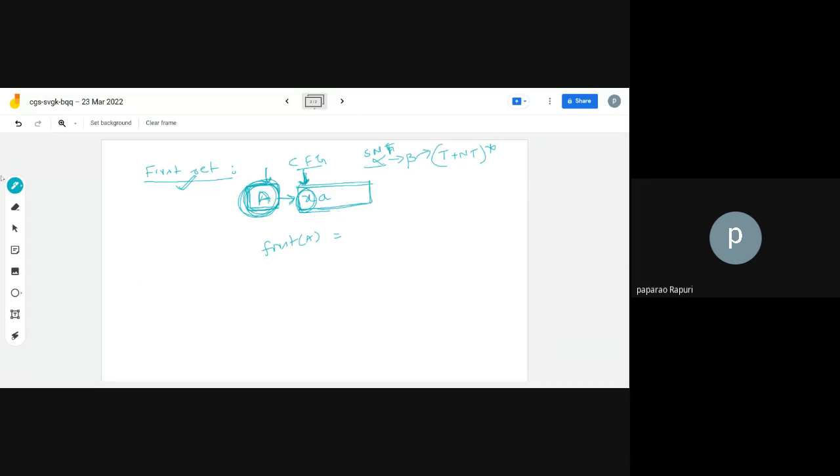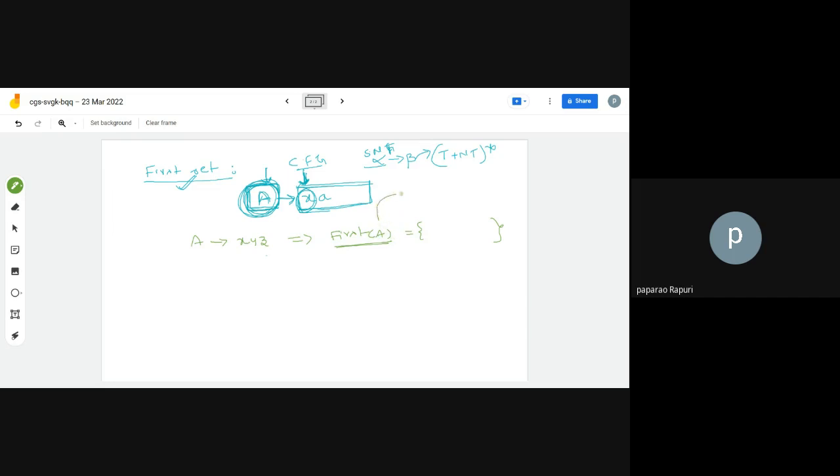For example, let us take some different formats of productions. Suppose any production is in the format A derives X, Y, Z. Here I need to write first of A. First of A may have some terminals.